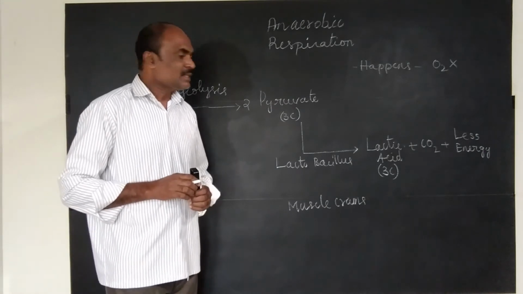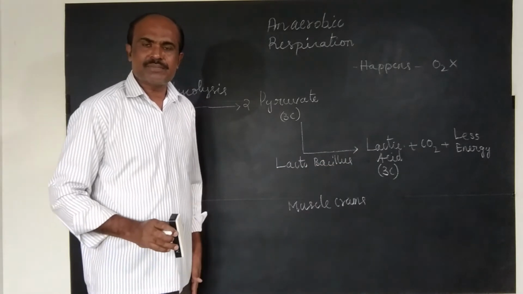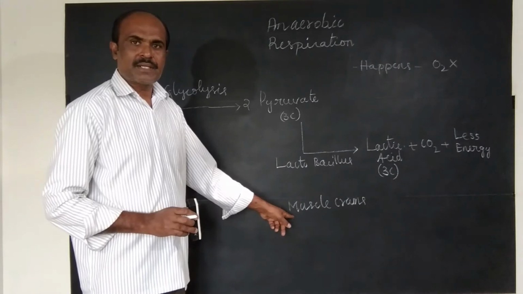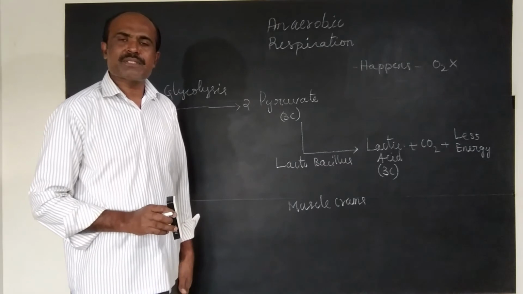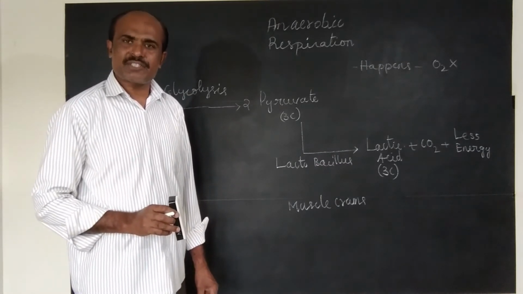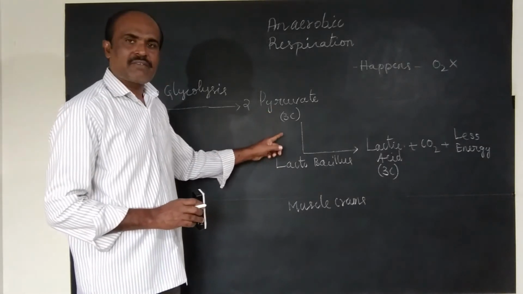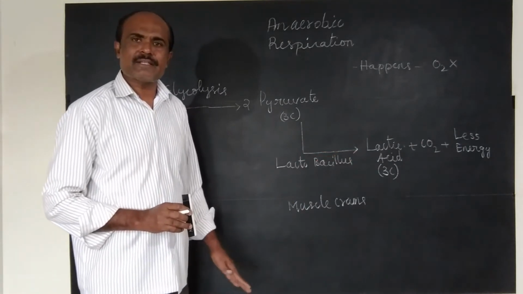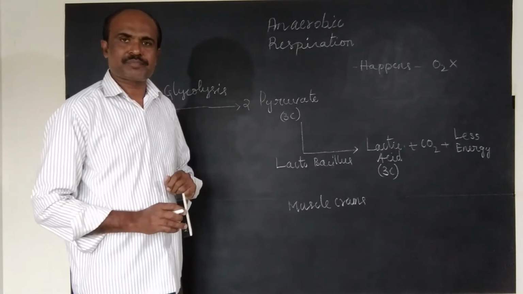It happens because of the accumulation of lactic acid in the muscles of limbs, which leads to muscle cramps, means pain in the muscles. Why is lactic acid formed in the muscles of limbs? Because in the presence of least oxygen or in the absence of oxygen, pyruvic acid is converted into lactic acid. So lactic acid gets accumulated in the muscles and leads to muscle cramps. An important question for your exam.